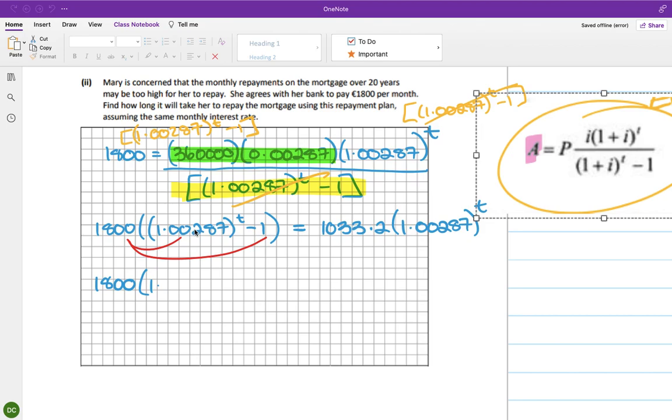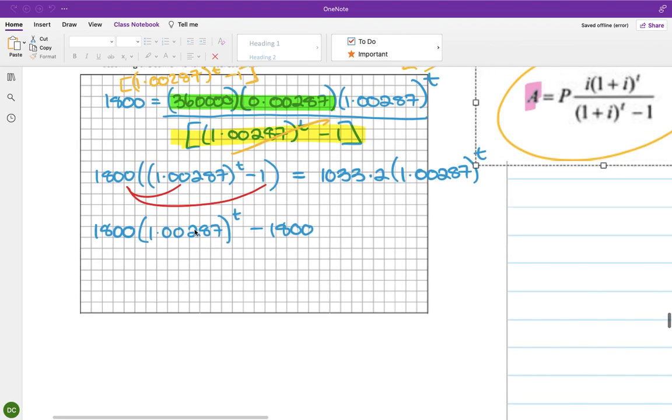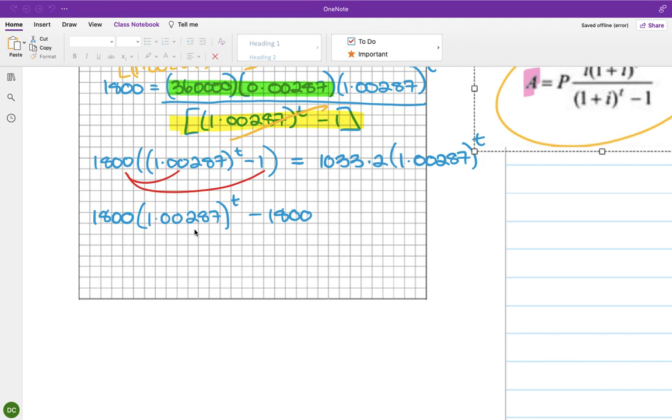Second one I can multiply, 1800 by minus 1 is minus 1800, so that one's fine. And this one I also can't do any better with because of the power. Now what I will do is gather the powers together whenever they come up.